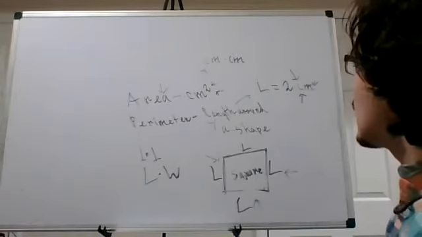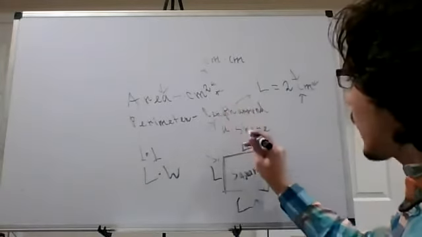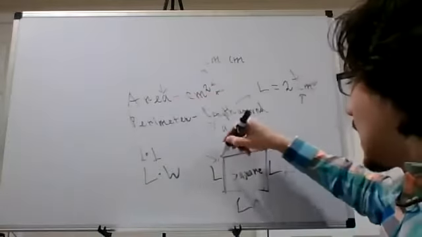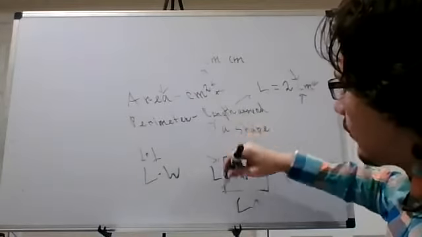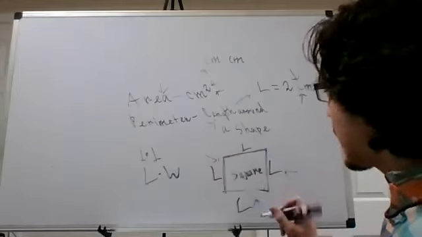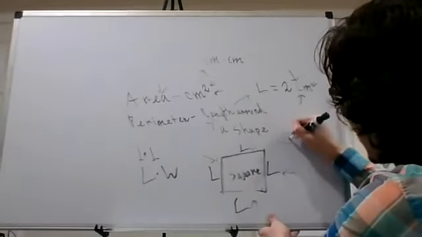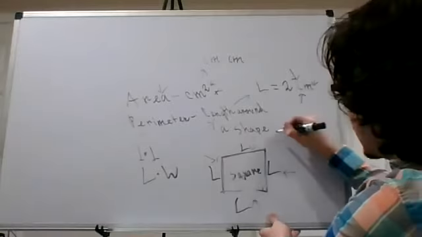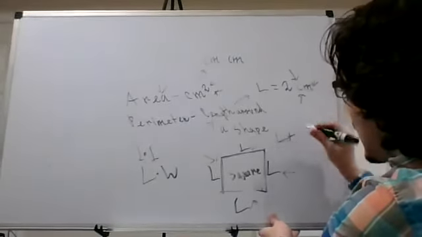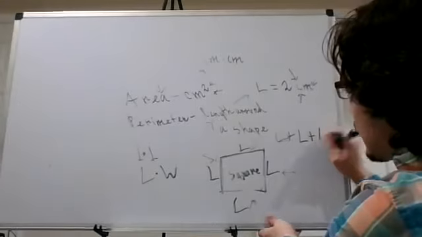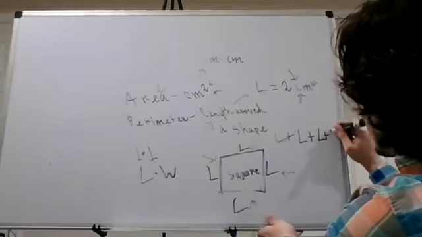Okay. So if it's the length around a whole shape, the perimeter, in a square, all four of its sides are the same. That means it would be this side, and this marker's dying, and this side and this side and this side.